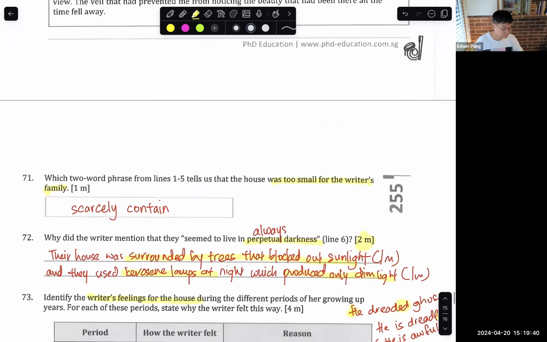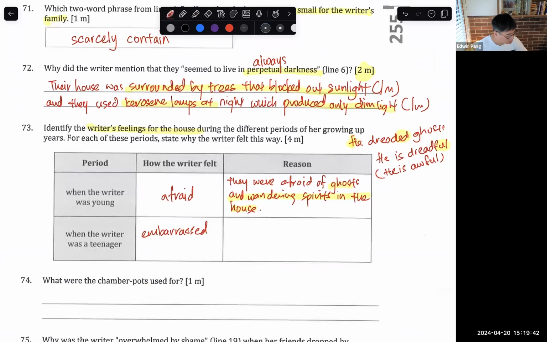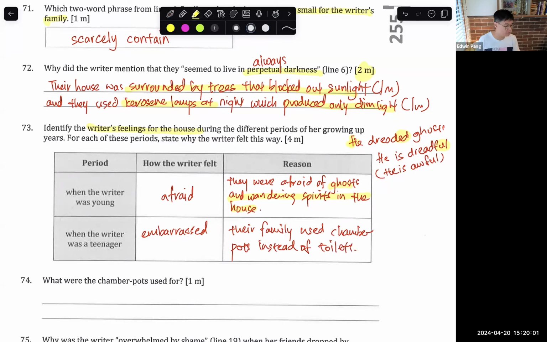Okay. So their family used chamber pots instead of toilets. Okay. So that's what made him feel a sense of shame. Okay.